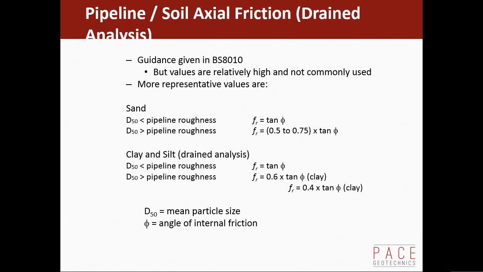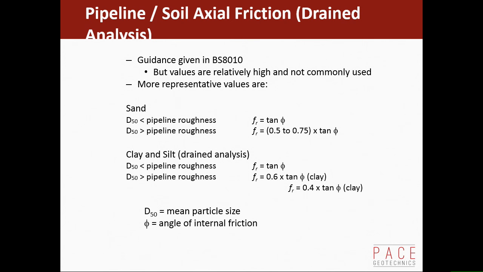If the D50 is less than the pipeline roughness, the coating of the pipeline, so you've got a concrete coating which is fairly rough, then the sand particles will interlock with that coating, and we can use the full friction value of the sand.